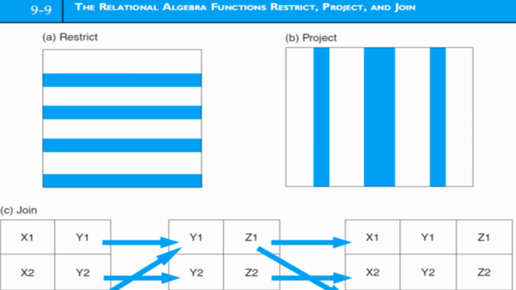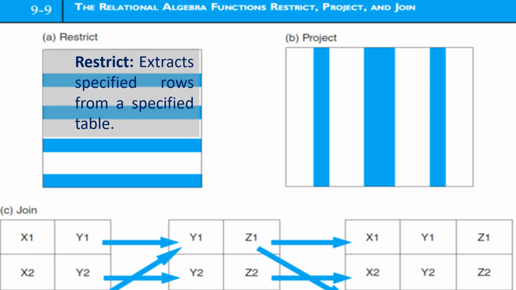So this explains the relational algebra functions of restrict, project, and join. As we said, restrict means extracting specified rows from specified tables. So we just take the file.